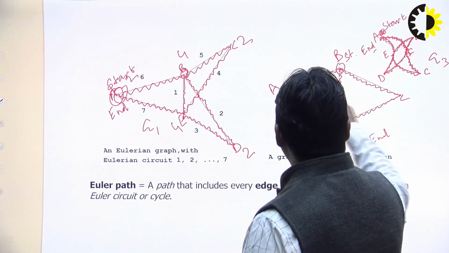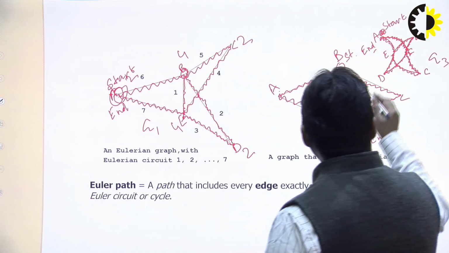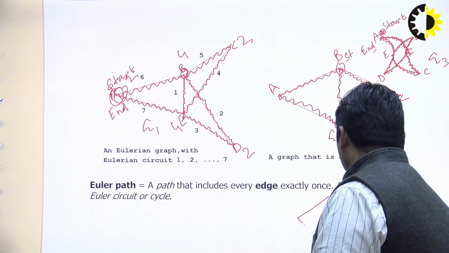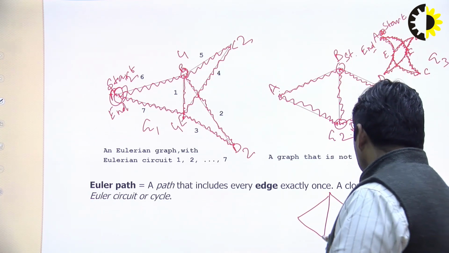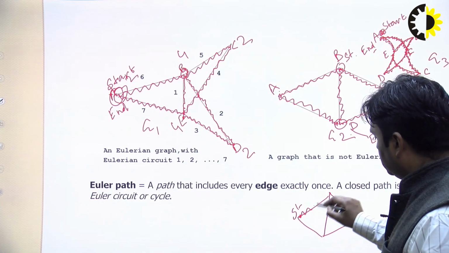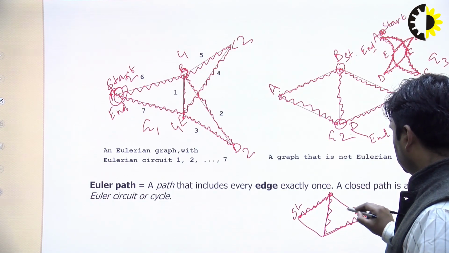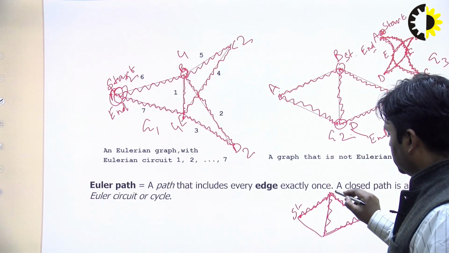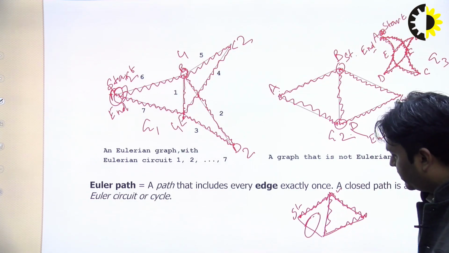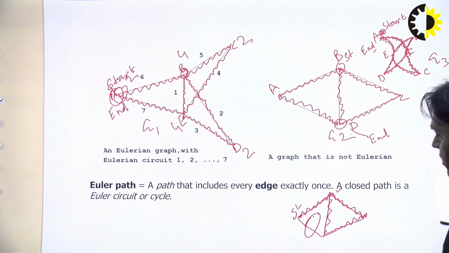If we start at any other vertex in this graph, then no Euler path will form. We can see here, if we start here, then we get stuck at this point and this edge will not be traversed, so an Euler path will not form.